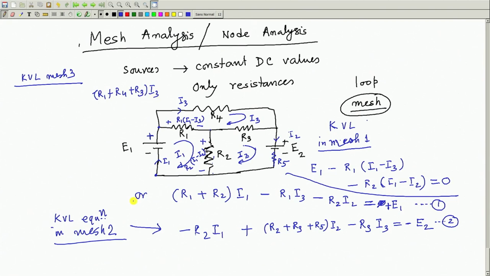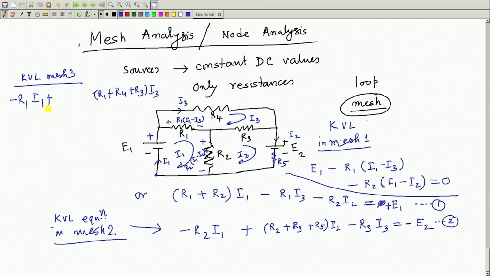Then the coefficient of I 1, it will be the common resistance preceded by a minus sign, that will be the coefficient of I 1 in mesh 3. So, minus R 1 into I 1, plus, will there be a term involving I 2?